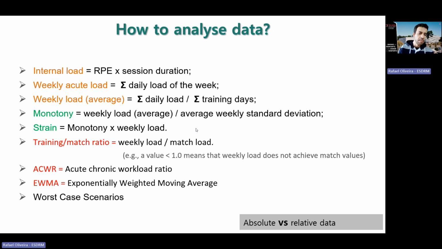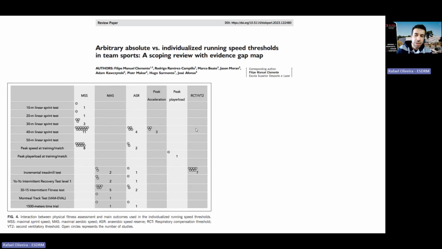So it will give us a number in meters per minute, which is better to compare different players when they don't have, for instance, the same amount of playing time. So that could be interesting.